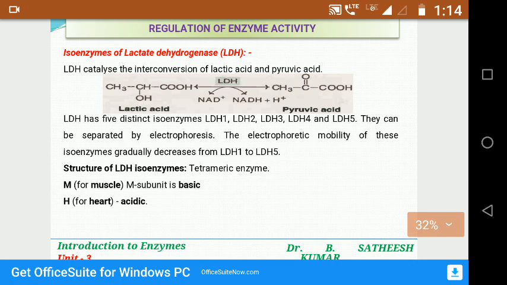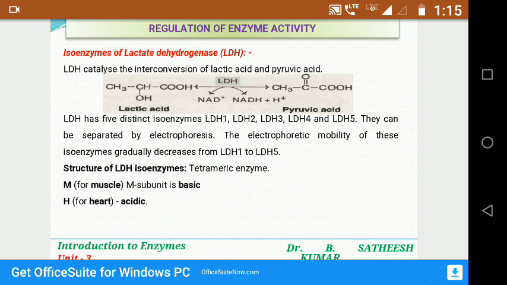Here the best example for the isoenzyme is lactate dehydrogenase. For lactate dehydrogenase we have 5 different isoenzymes. They are named LDH1, 2, 3, 4 and 5. They can be separated by electrophoresis.